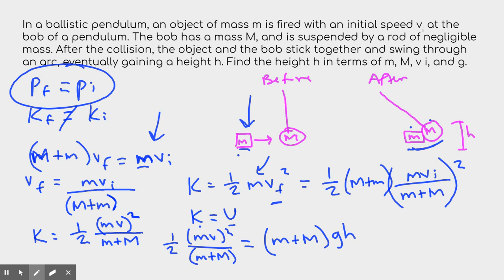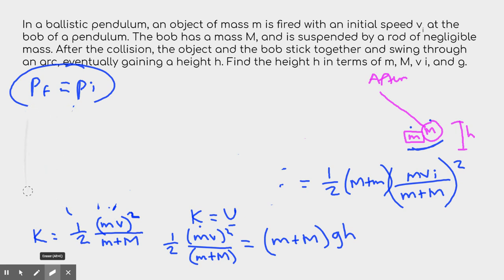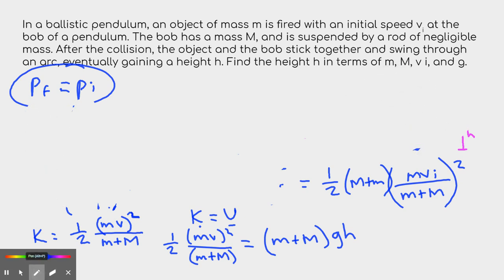Now we have to rearrange this so that we're able to solve for h. I'm going to go through this part with you because it can be slightly confusing. It's really easy to lose track of variables because we can't simplify them as easily as we can with actual numbers. Okay, so let's do that.